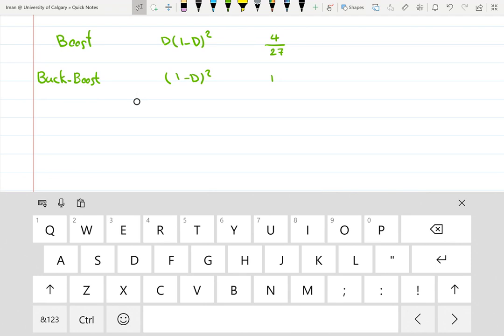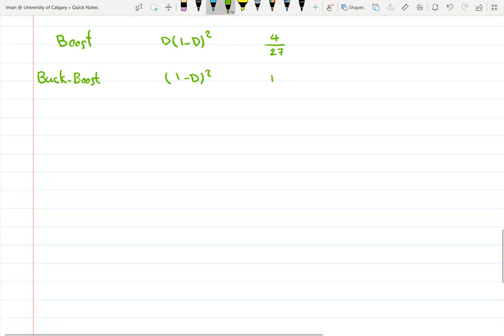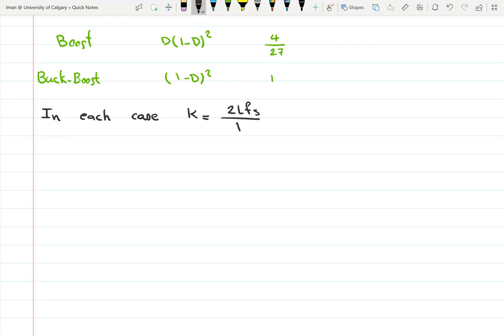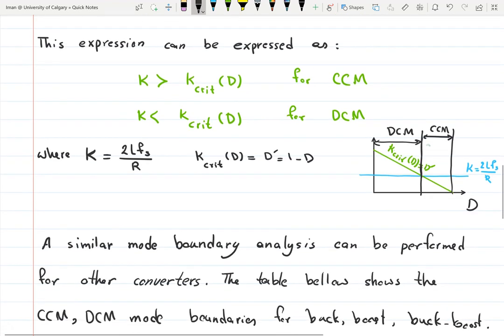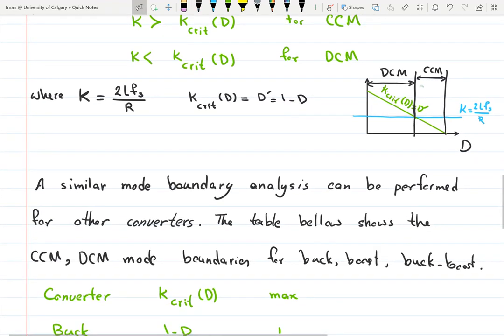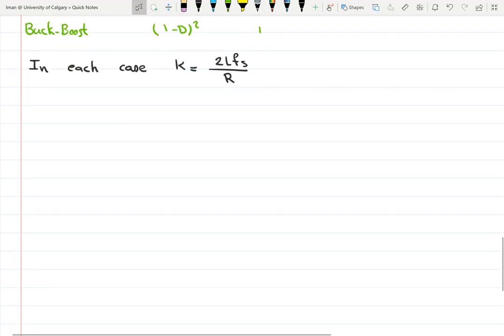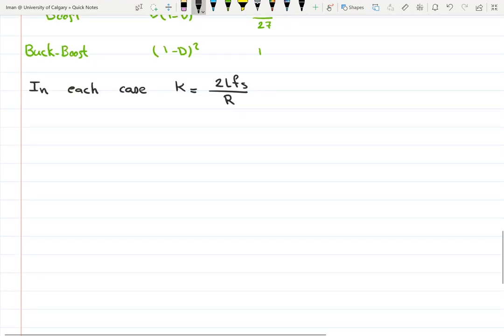So in each case, K remains the same, which is 2 L F_s divided by R. So the only thing that changes in this equation is the K critical, and the K remains the same for determining whether you are operating in CCM or DCM.